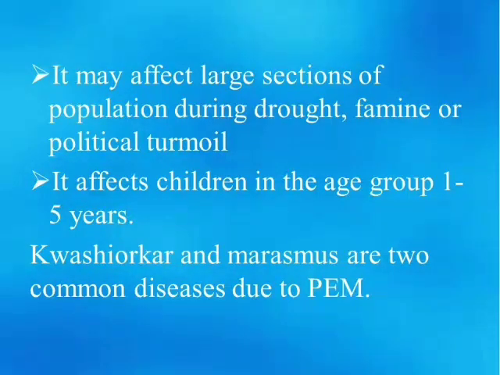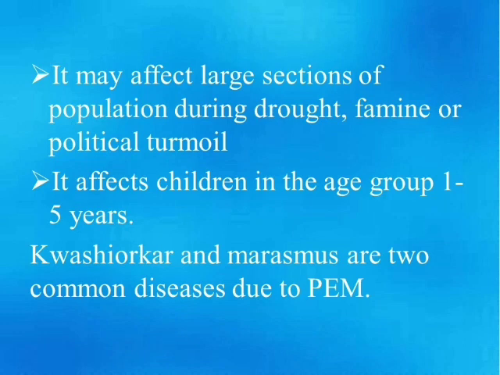It may affect large sections of the population during drought, famine or political turmoil, that is, during the time of war. Countries are not able to provide enough food, or there will be scarcity of food, which results in such disorders.